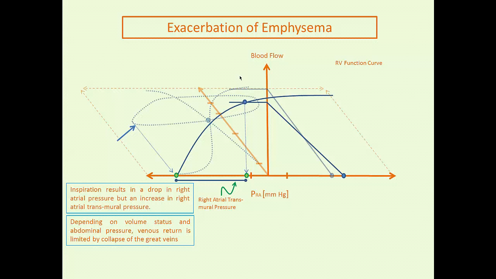Well, it is negative relative to atmosphere here, but the stress that the right atrium and right ventricle are feeling is actually much greater, and that's because we don't know what the intrathoracic pressure is. It's actually very low compared to the intraluminal pressure. So the distending pressure, which tends to tell you what volume the right atrium and right ventricle are taking on, is quite increased compared to the beginning of inspiration.